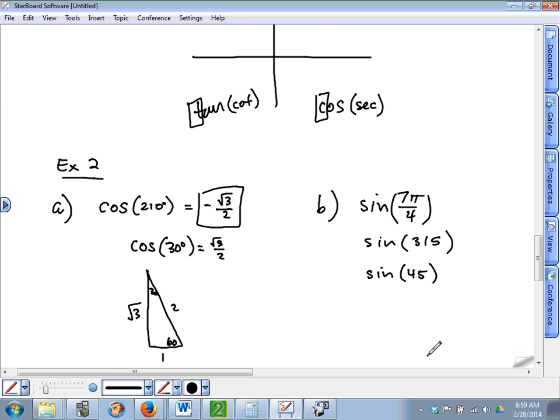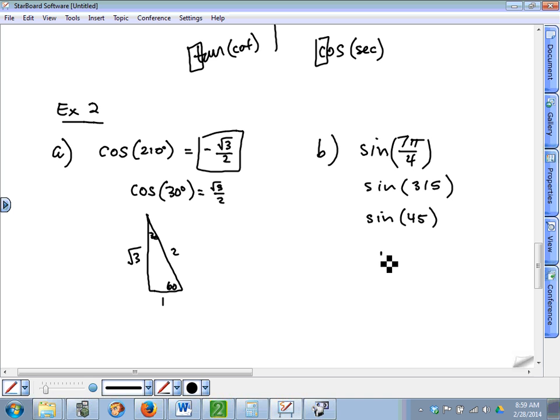We're going to evaluate the sine of 45. 45 is one of our special triangles. It's the 45, 45, 90, where the side lengths are 1, 1, and the square root of 2. So if we're trying to find the sine of 45, it's opposite over hypotenuse. So it's 1 over the square root of 2, which is the square root of 2 over 2.